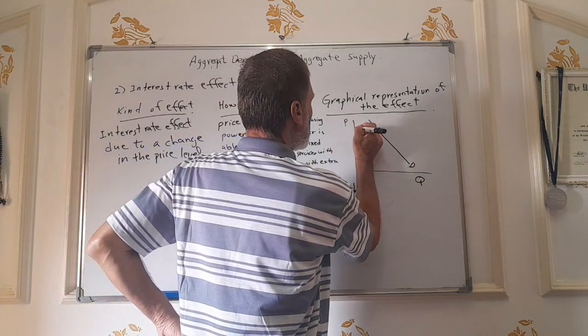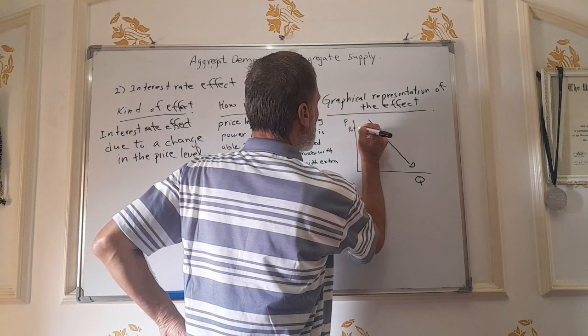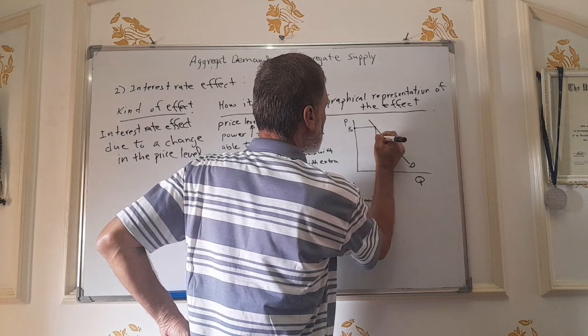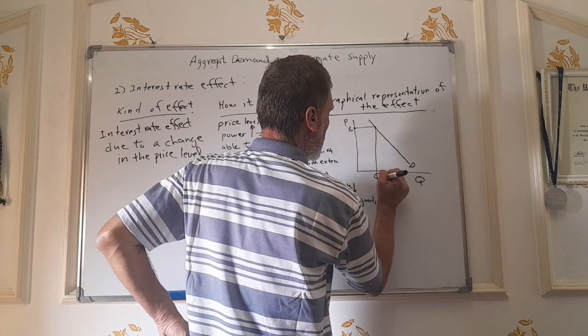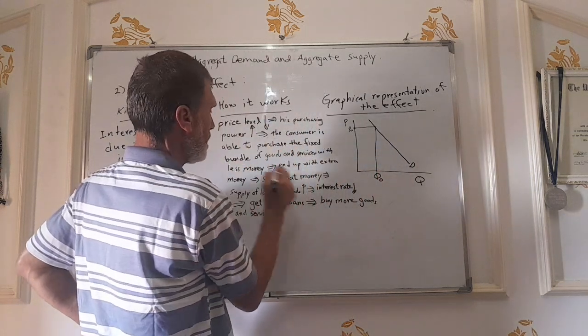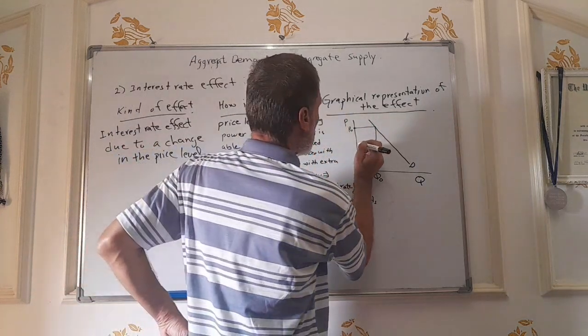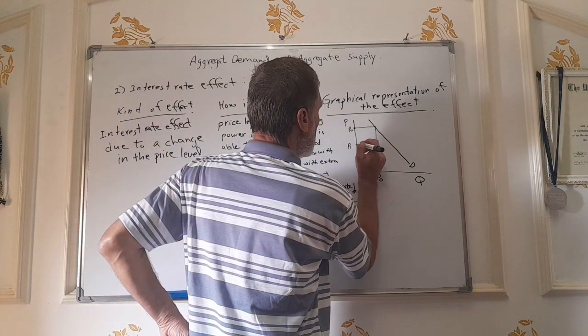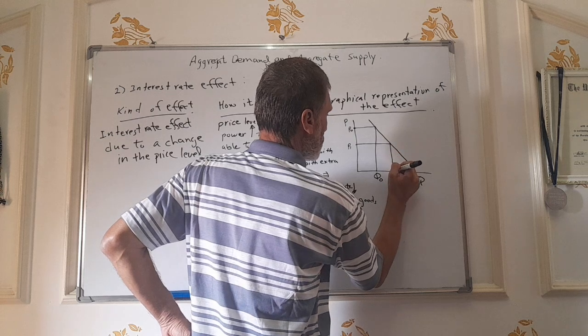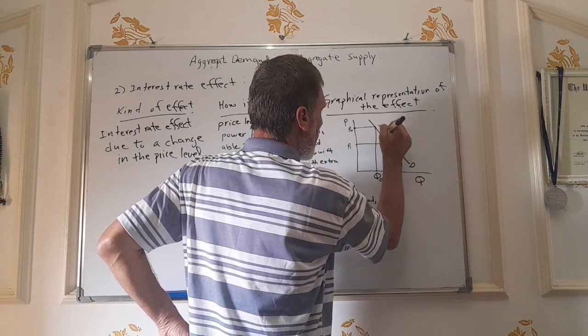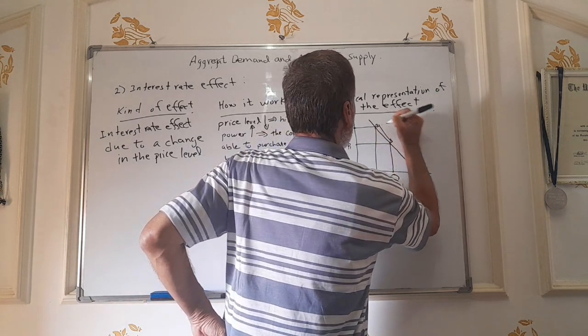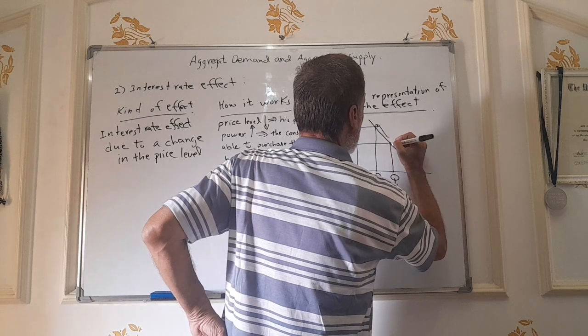We used to be here, P0, and the quantity demanded is this, Q0. Now, when the price level goes down, what happens? Buy more goods. That means the quantity demanded increases. So it goes down to here, to P1. So what happens to quantity demanded? It goes up to Q1. So that implies we went from A to B.